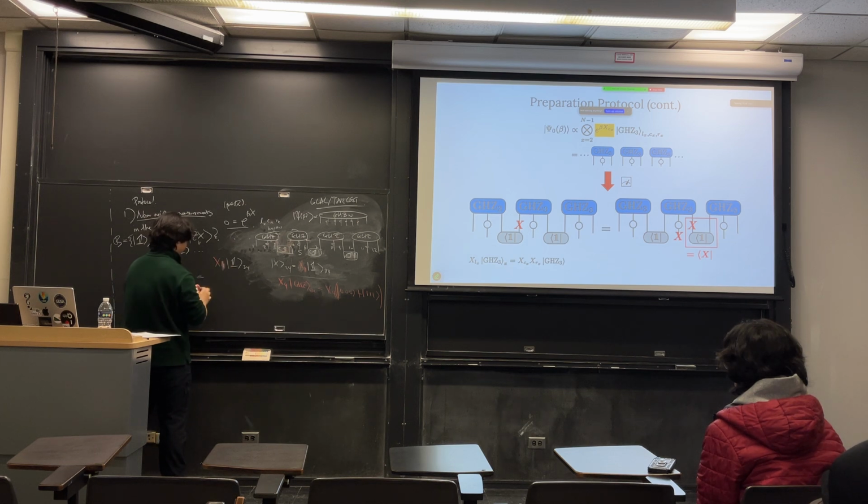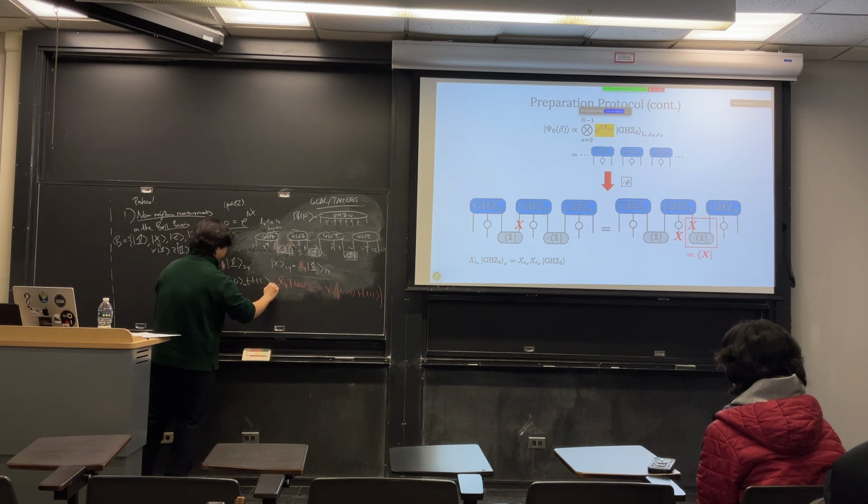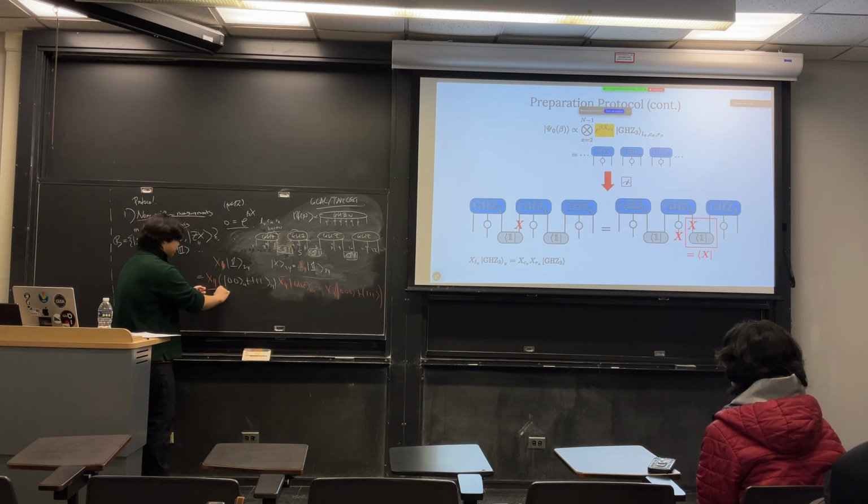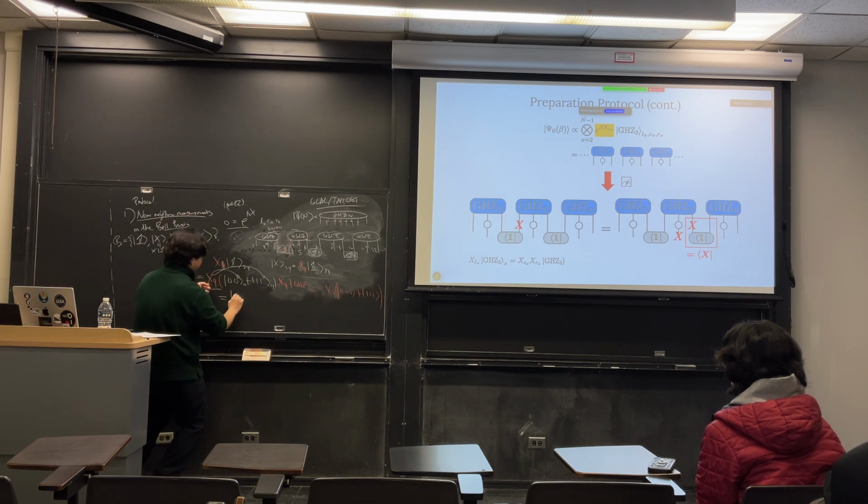This is equal to X4 times, and I'm not going to write the normalization factors because I'm too lazy, but you have 0, 0, and then 1, 1. This is 3, 4, 3, 4. So what happens here? You have the Pauli X applying on the 4th qubit. So this actually becomes 0, 1, 3, 4, plus 1, 0, 3, 4. That makes sense, right?